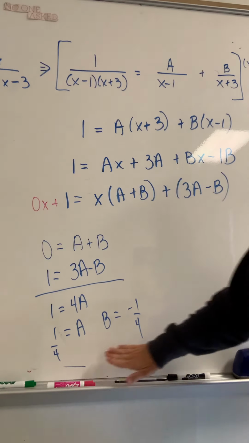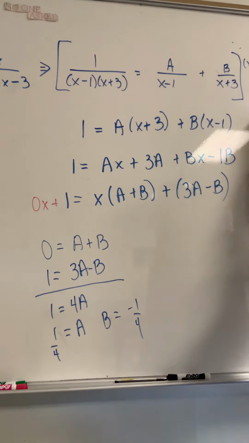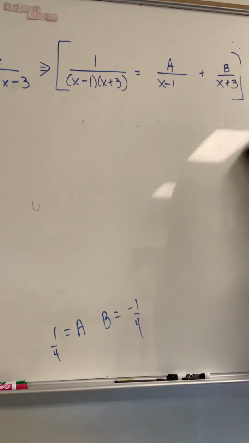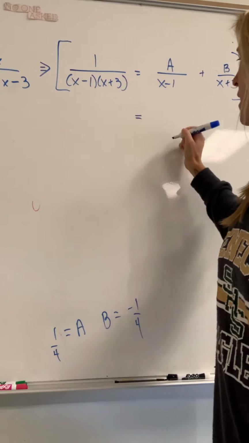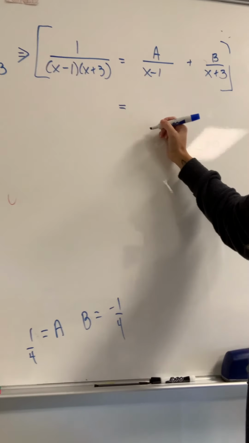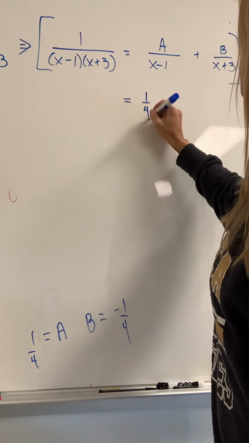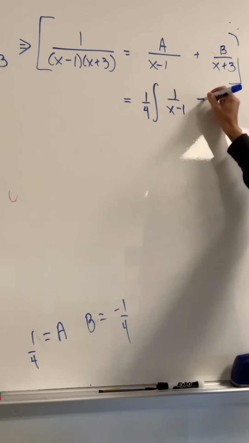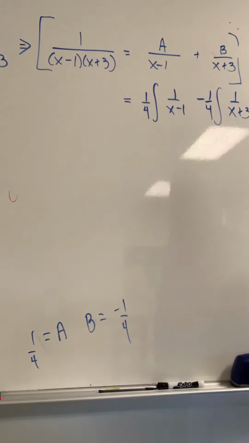So let me show you what I do when I get my A and B to be fractions. When I go back up to the top and rewrite this, I'm going to take my fraction out immediately. Since A is 1/4, I'm going to write this as 1/4 times the integral of 1 over x minus 1, minus 1/4 times the integral of 1 over x plus 3.